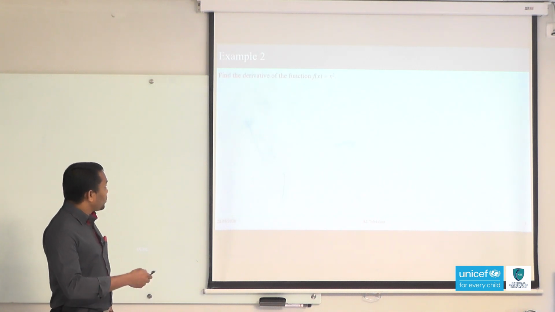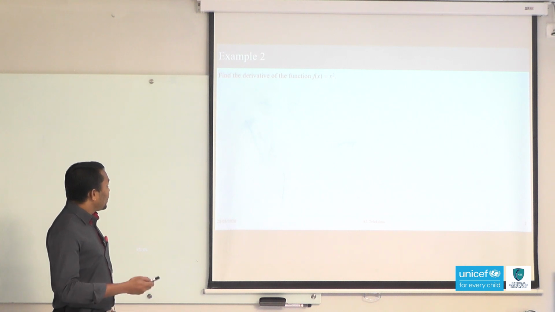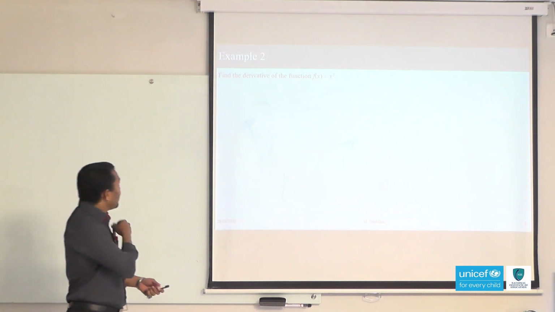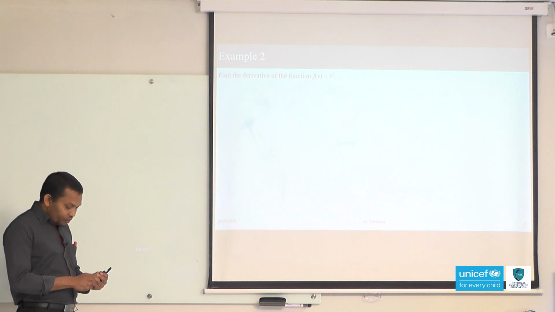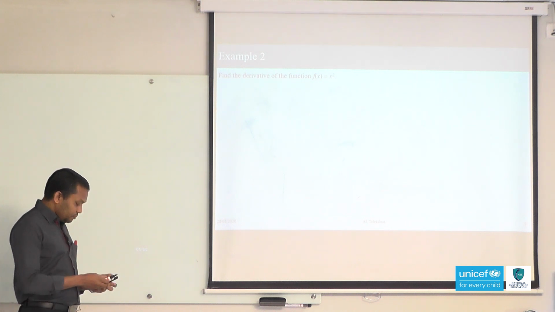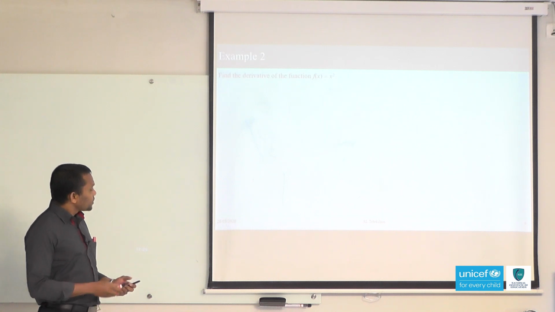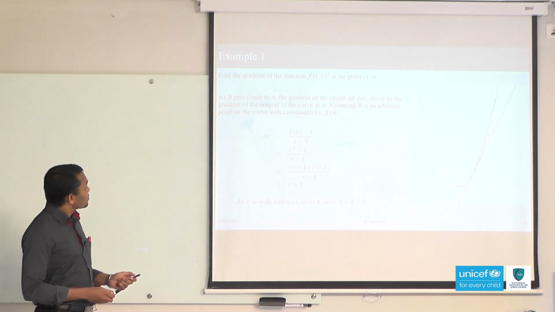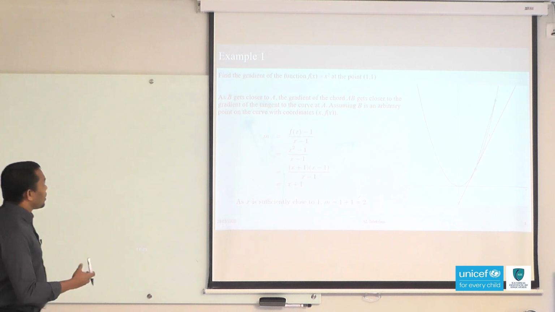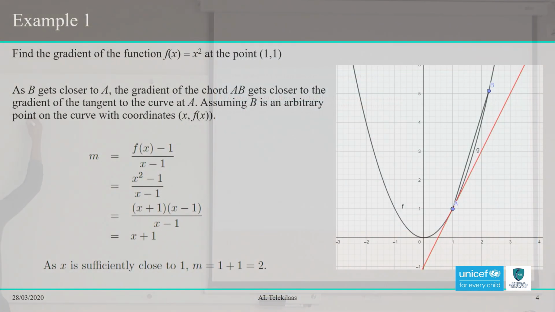Now, let me go on to the example. First, an example of the idea of the derivative. Find the derivative of the function f of x is equal to x squared. Now, the curve f of x is equal to x squared.